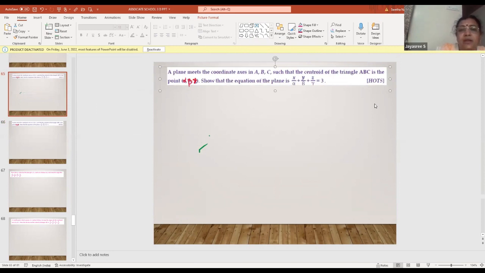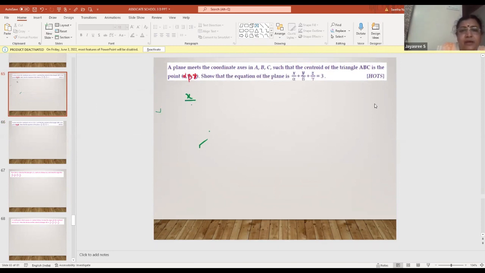So here we are recalling the intercept form of a plane, x by a plus y by b plus z by c equal to 1. The plane is making intercepts a, b, c on the coordinate axes, at the points A(a, 0, 0), B(0, b, 0), C(0, 0, c). Here they have given the centroid G as alpha, beta, gamma.